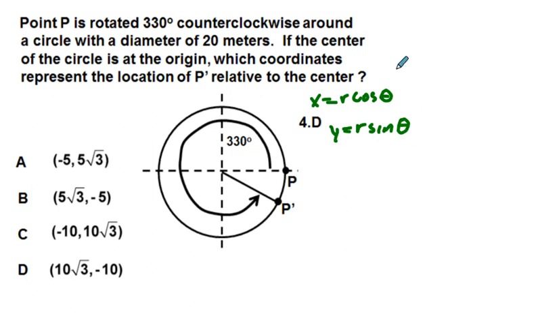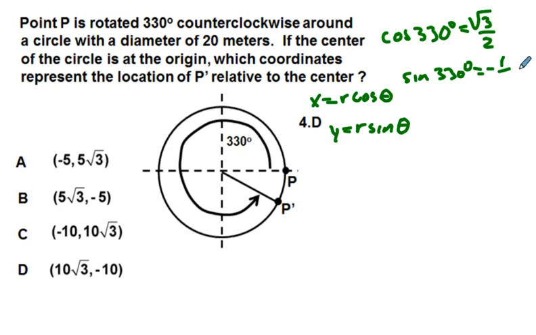And here we have cosine of 330 degrees is going to be equal to square root of 3 over 2. And sine of 330 degrees is going to be equal to negative 1/2.